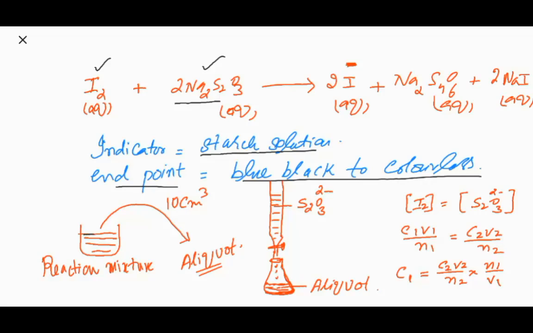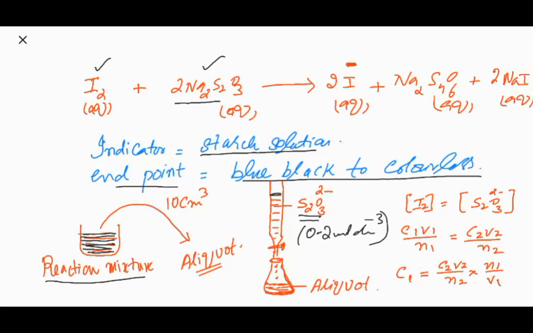So for example, let us consider this reaction between propanone and iodine is taking place in a beaker. So that is the reaction mixture. In a burette, you have a standard solution of sodium thiosulfate, the concentration of which is known, for example, say 0.2 mol per dm³.